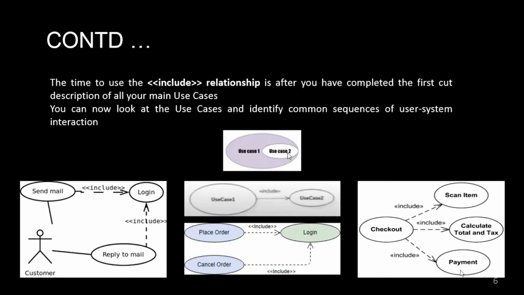This include relationship could be considered analogous to writing functions in a program in order to avoid repeating the same code again and again. And we can call such functions from different points within the program.